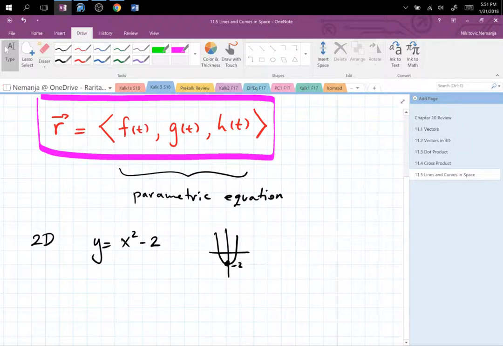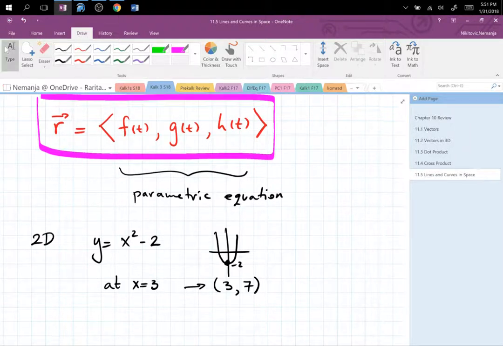So if I want to find the location, let's say, at x equals 3, the location is going to be 3, 7. Because 3 squared is 9, minus 2 is 7, so the x coordinate is 3 and the y coordinate is 7.